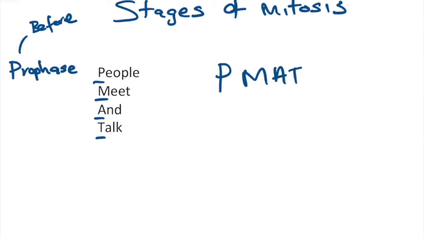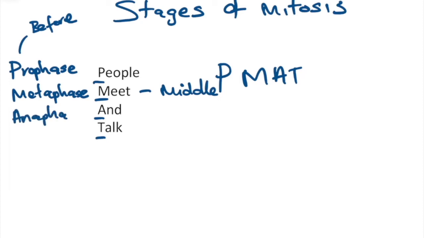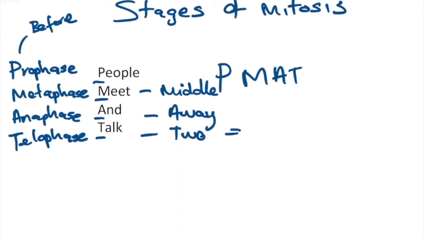M for metaphase, and a way to remember this is middle. Anaphase, a way to remember that is away. So we'll see chromosomes moving away. And then telophase. And this is where we're going to see 2 cells being formed. So PMAT, or people, meet and talk.